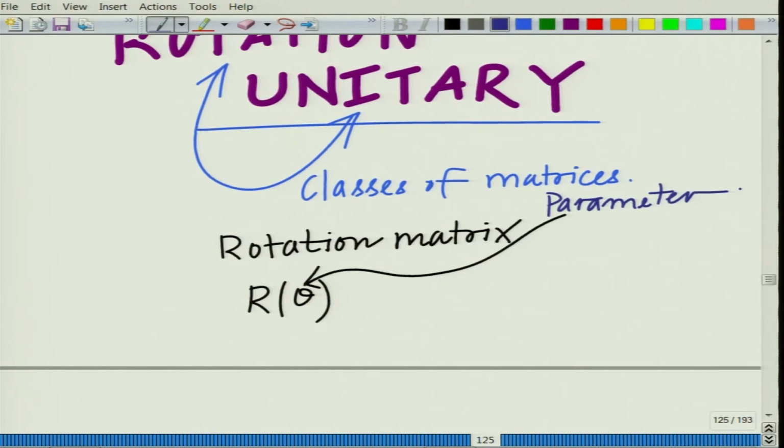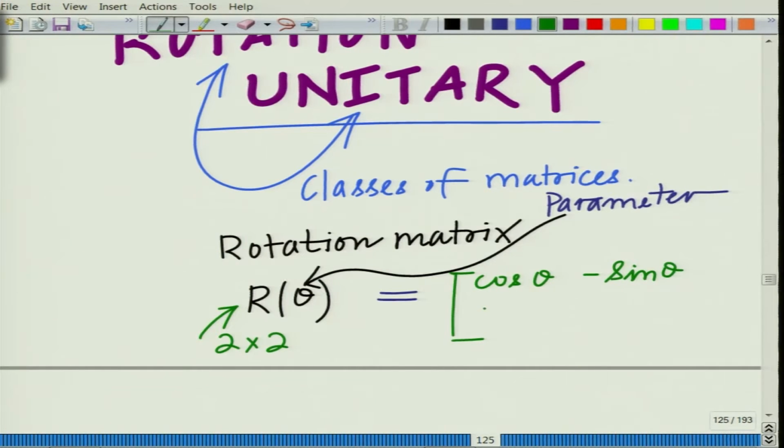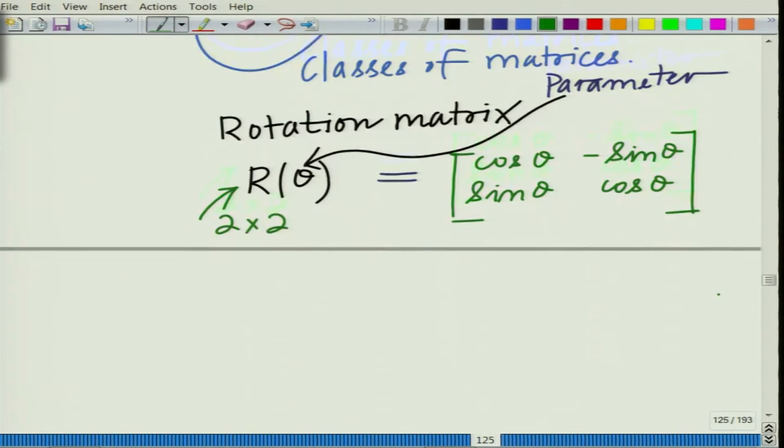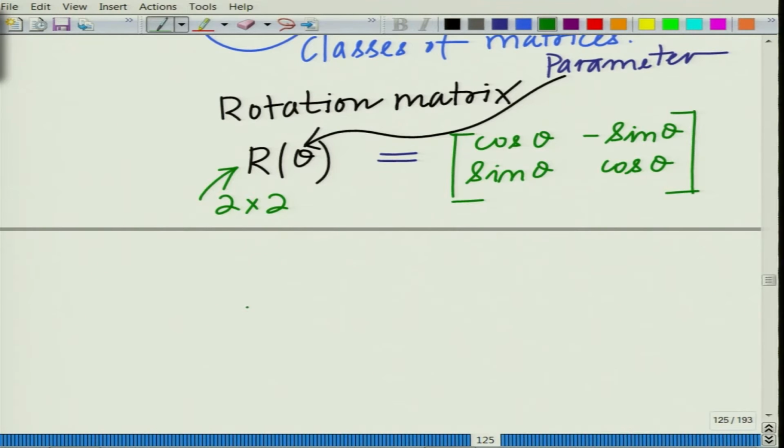Alright, the different elements of this matrix depend on this parameter theta. So, R of theta, this rotation matrix, is a 2 cross 2 matrix. We are looking at the 2 cross 2 rotation matrix, which is given as cosine theta, minus sine theta, and sine theta, cosine theta.